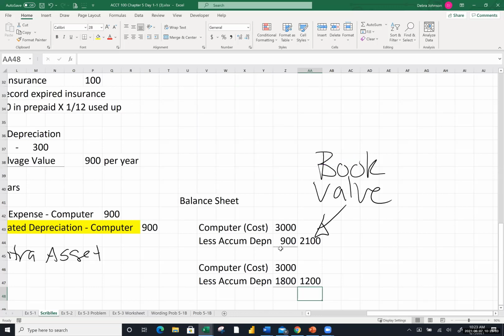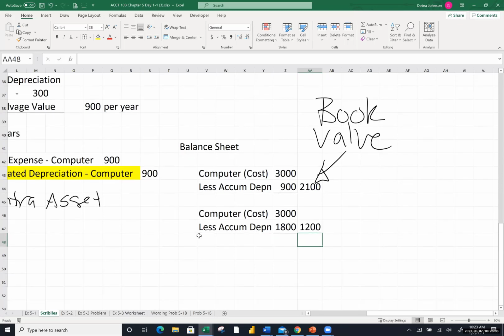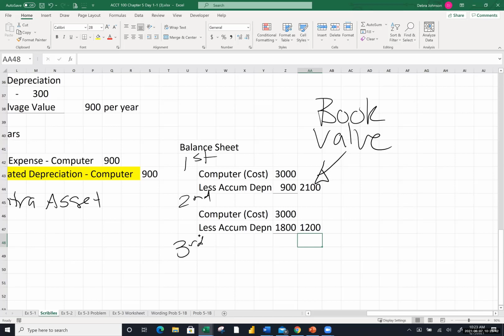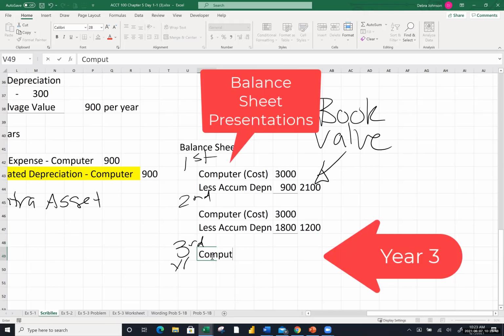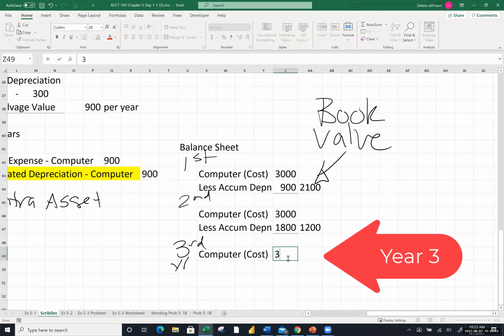And then, by the way, since I'm going to finish this off, this would be the first year on the balance sheet. Here's the second year. Let me show you what this balance sheet would look like in the third year, just so you have a good picture of what depreciation does. In year 3, you'd still have this computer sitting there with a cost of $3,000, but now you would have 3 years of depreciation on it.